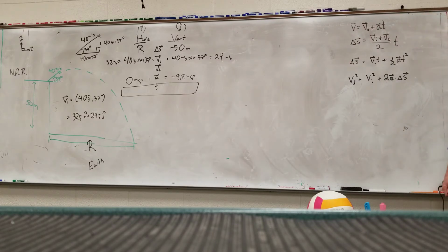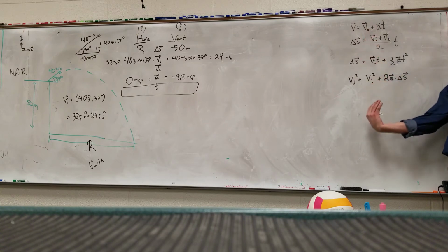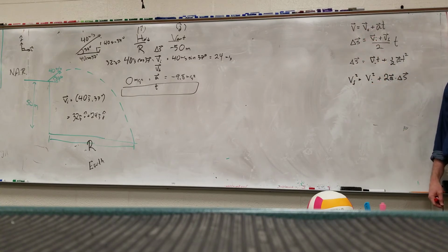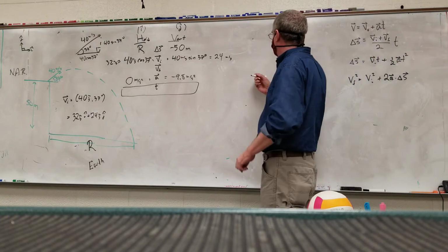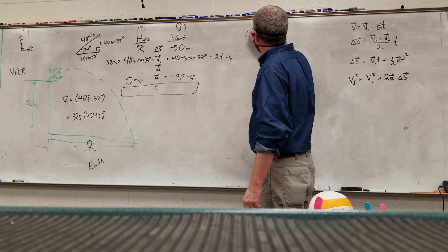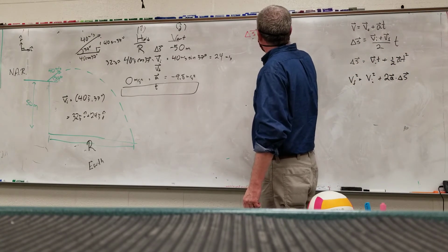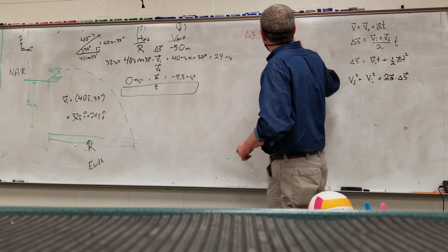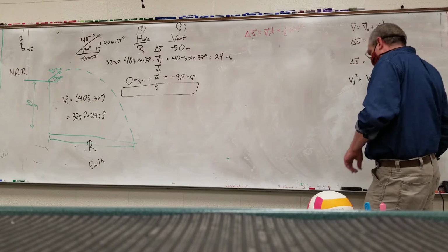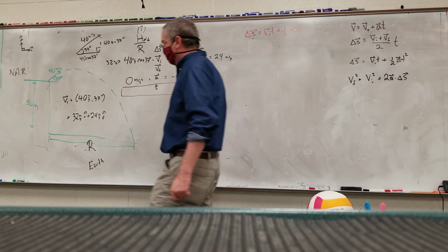Okay, agree with that. Let's narrow that down some. I have constant acceleration here, so the third one. Okay. So I have my displacement is equal to v_i t plus 1/2 a t squared.